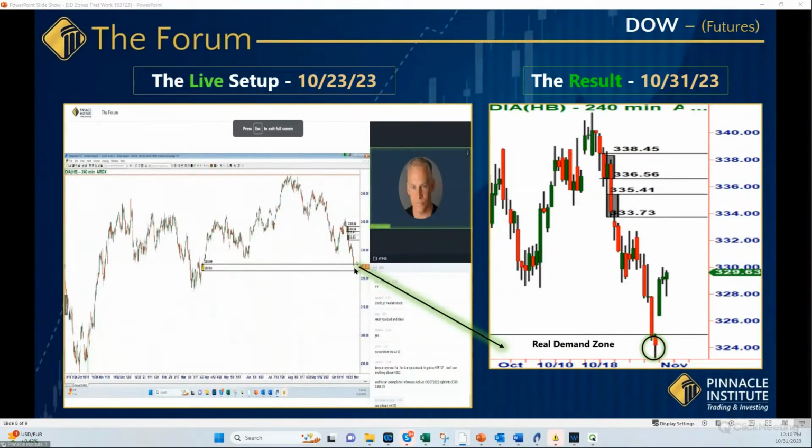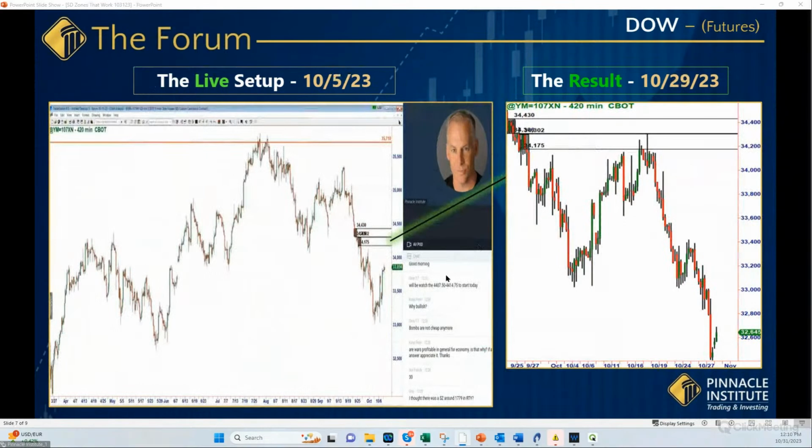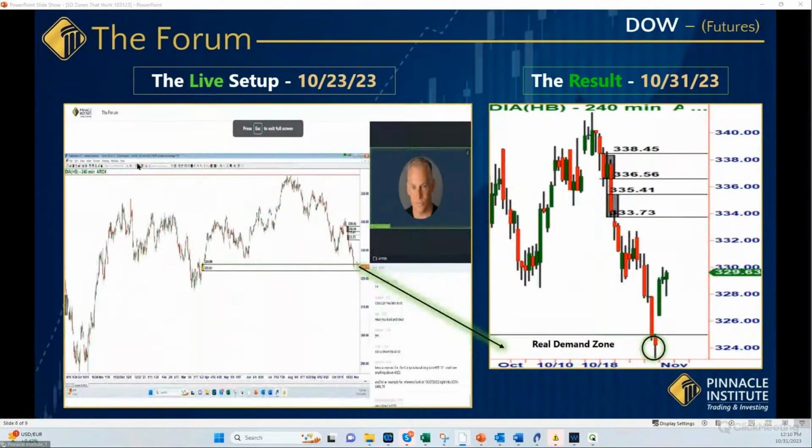We closed into it and then late last week on Friday, I believe, and then this week have rallied out of that, and prices are moving higher, right? But this is the Dow ETF. This is the Dow futures. Ultimately, it was these supply zones here. And then over the past week and a half, prices just came down to, again, the Dow demand zone down here, and now prices moving back to the middle.